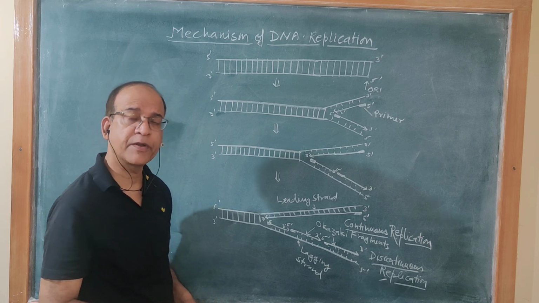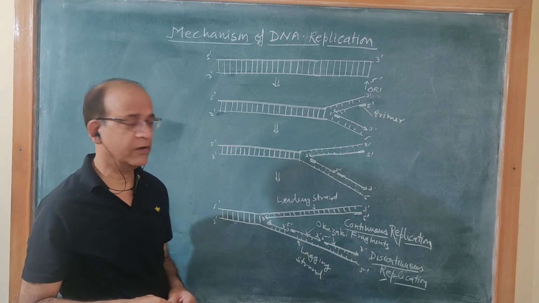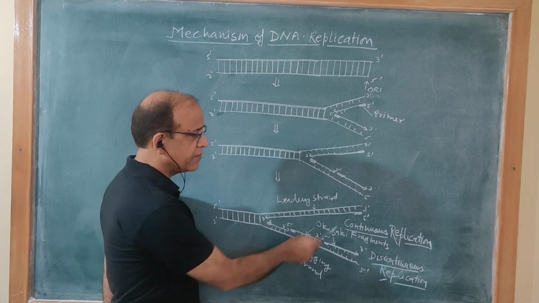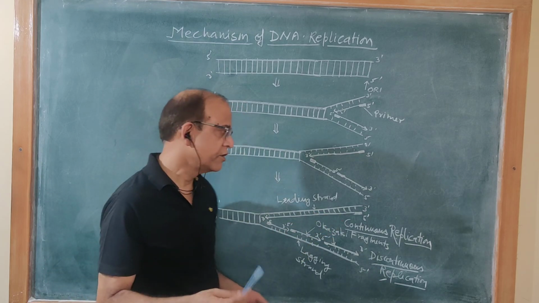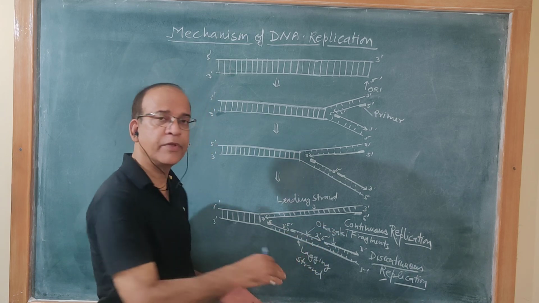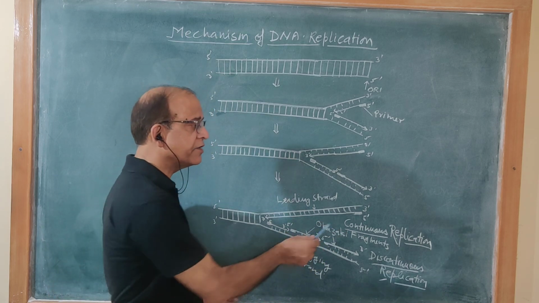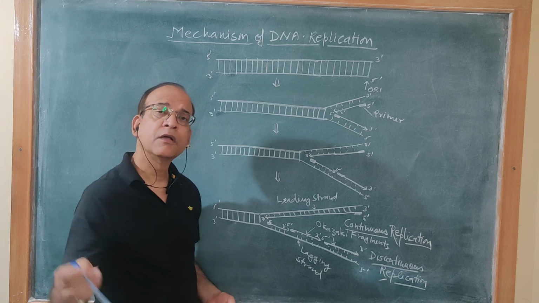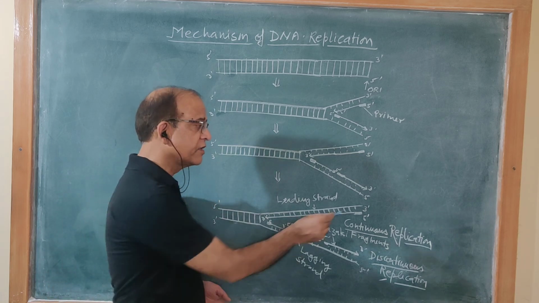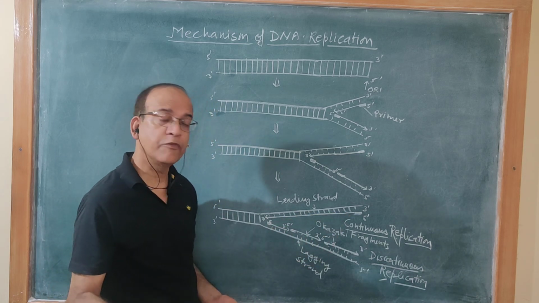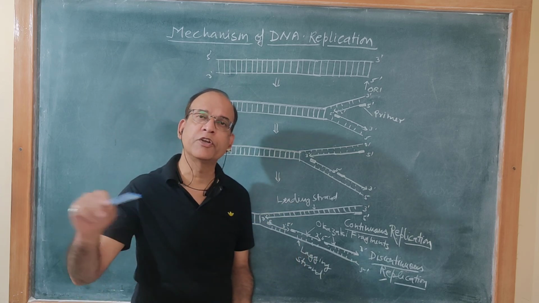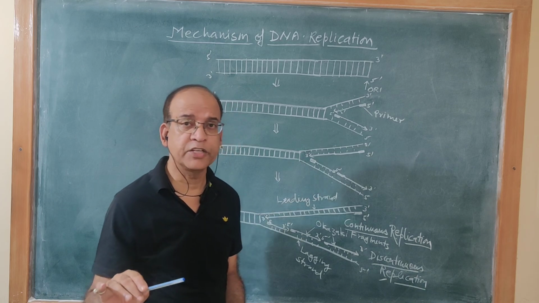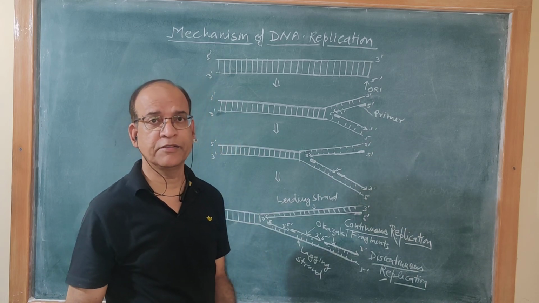Later on, the primers, which are nucleotides of RNA, will be removed, and in place of the primer, DNA nucleotides will be added. Finally, all these Okazaki fragments will be joined together with the help of the enzyme DNA ligase.